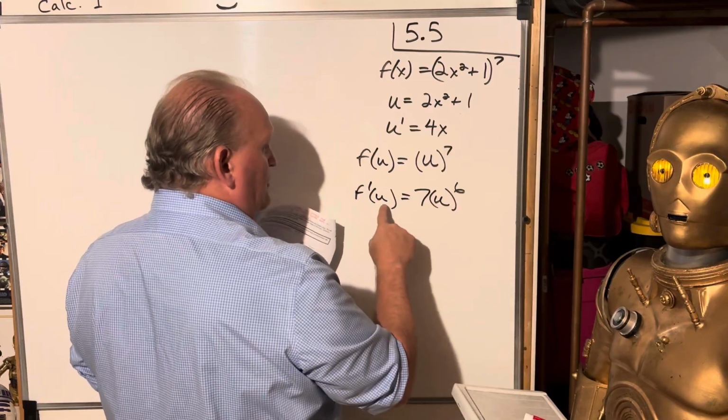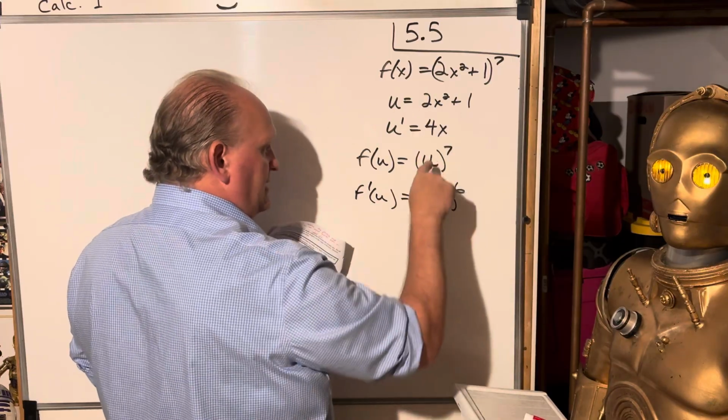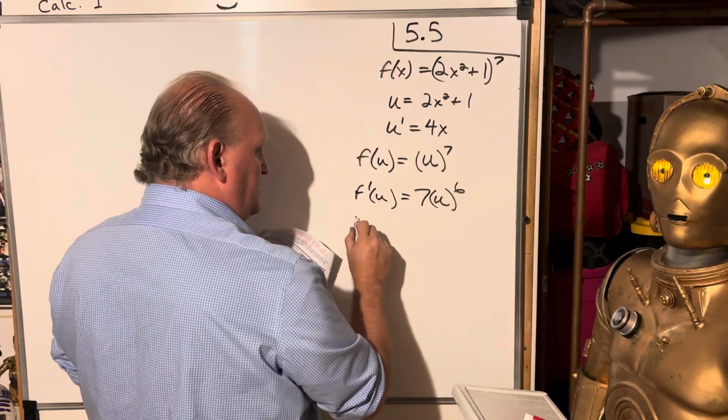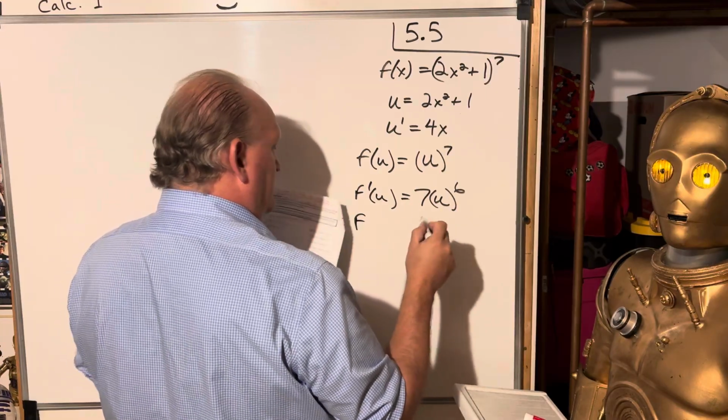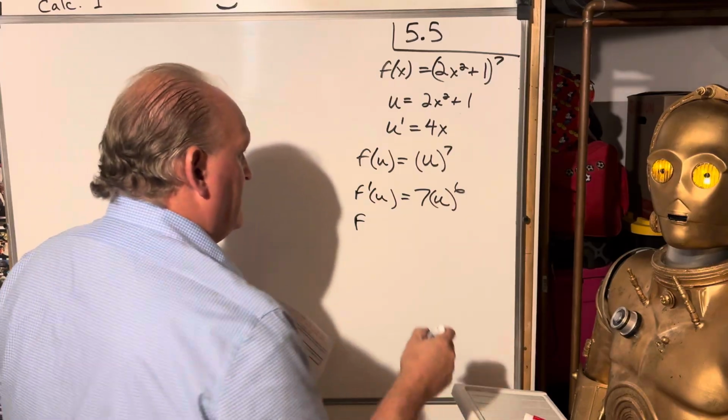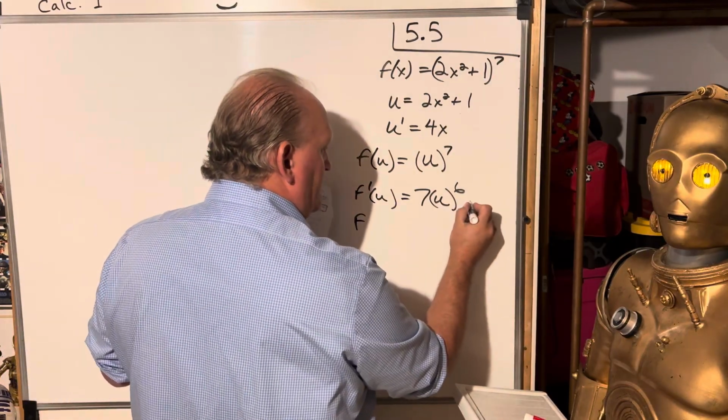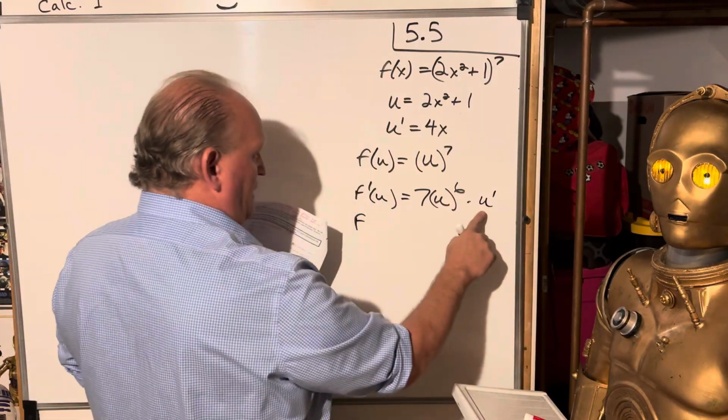And we would do f prime of u and say 7u to the 6th. And then we would say, okay, well, we didn't have u, we had x. So now we would put that back in and say f prime of u. Oh, wait, times u prime. Ooh, times u prime, don't forget that.